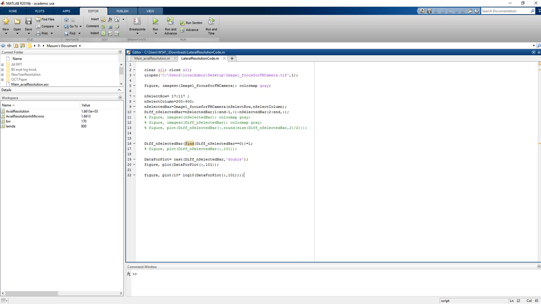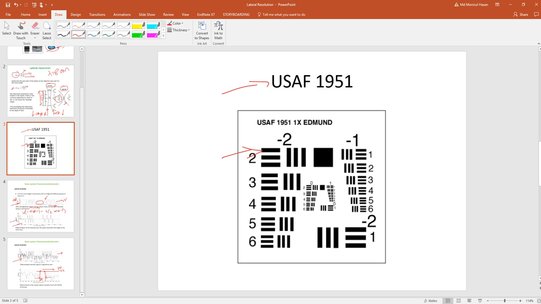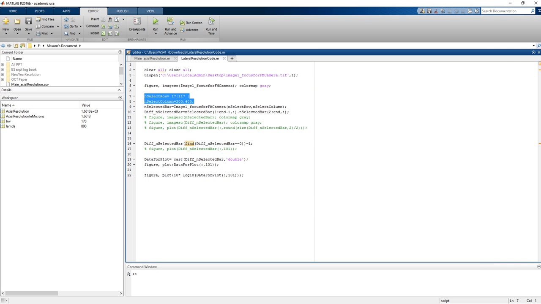This is the MATLAB code. You take some data and select some area. We don't need to select the whole area. Say this is your USAF target, so select some area, say this area, and then take the difference.